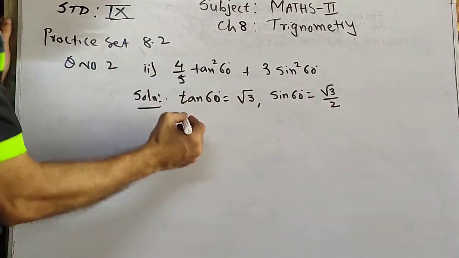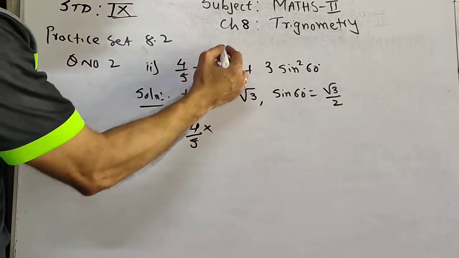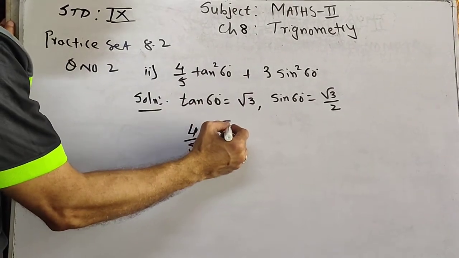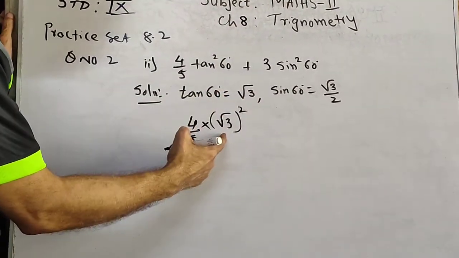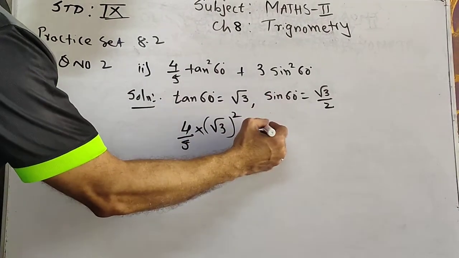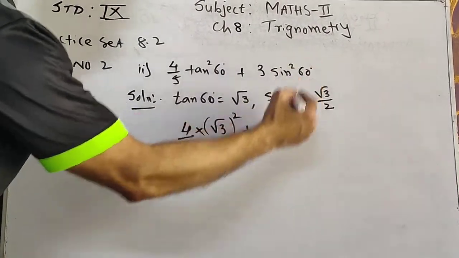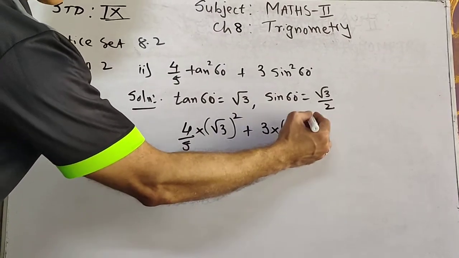Now here you can see 4 upon 5 into tan square 60. Tan square means this root 3 will be in the square. Root 3 ka square karne ka, because here it is tan square. Plus 3 into sine square 60 means root 3 upon 2 the whole square.